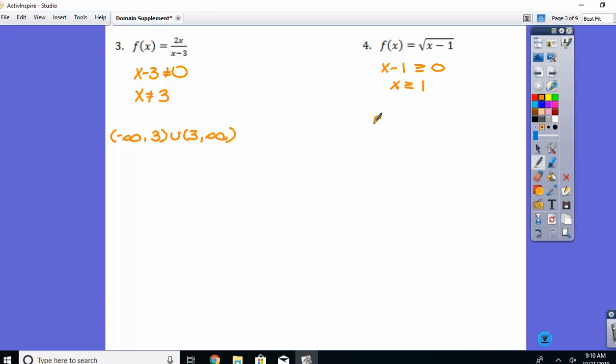It's only the things bigger than 1, so it's just the bracket 1 to infinity, not the things less than. Okay, we'll do a couple more together and then I'll have you guys try some.